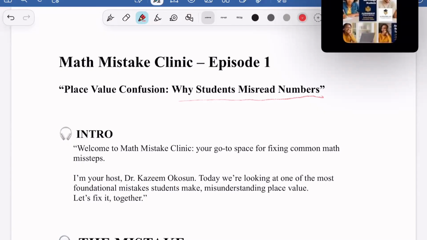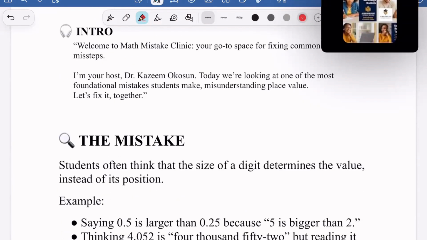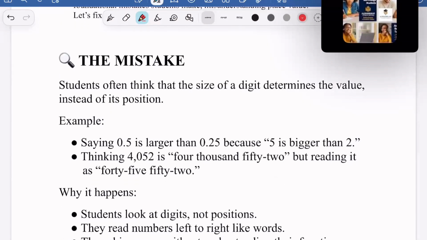Today we are looking at the most foundational mistakes that students make: misreading place value. Let's fix it together. Students often think that the size of a digit determines the value instead of its position. Okay, the position actually determines the value.